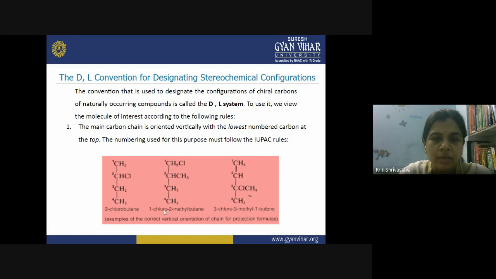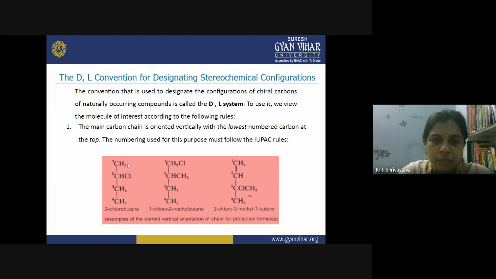Then this is 1-chloro-2-methylbutane. Chlorine is on the first carbon, and on the second we have a methyl group in the butane molecule. And the third one is 3-chloro-3-methyl-1-butene. Both chloro and methyl are on the same carbon, and we have a double bond between carbon 1 and carbon 2.